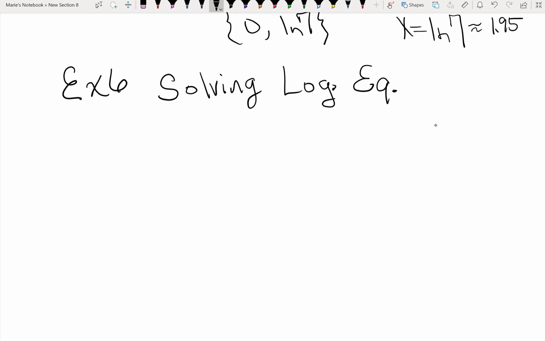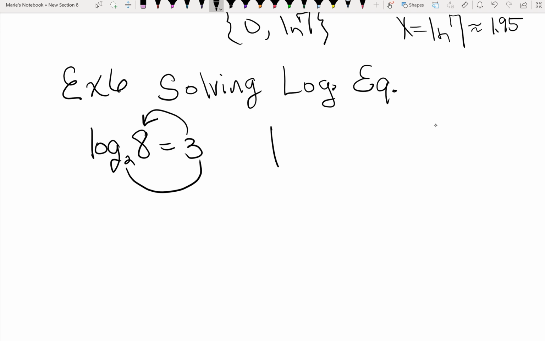And as a rule, I want you to remember what I taught you, which was the example: if I have log base 2 of 8, that is equal to 3 because 2 to the third is 8. If you can remember that model, it's a lot easier to remember, in my opinion, than looking at something this basic.